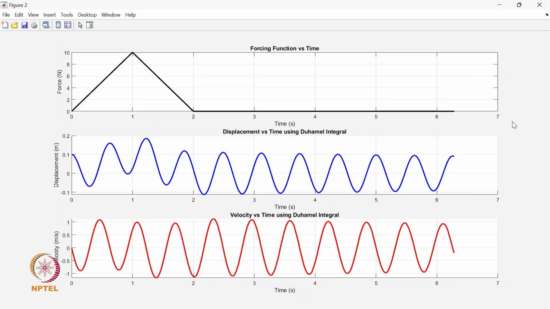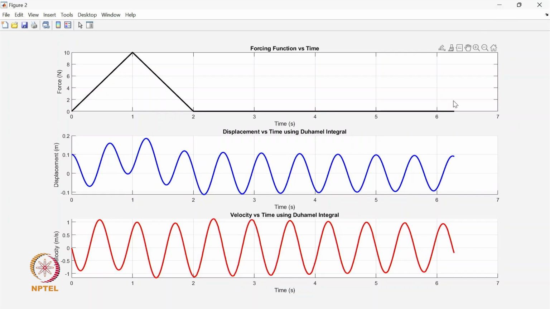And then again it comes here, and after that your response has become like a constant response, but there is a slight decay due to the damping. The damping amount is very small, that's why this small decay is happening.